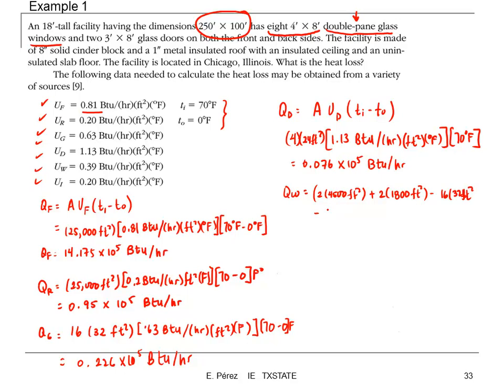minus 4 times 24 feet square, all these times 0.39 BTU divided by hours feet square Fahrenheit, and then times 70.